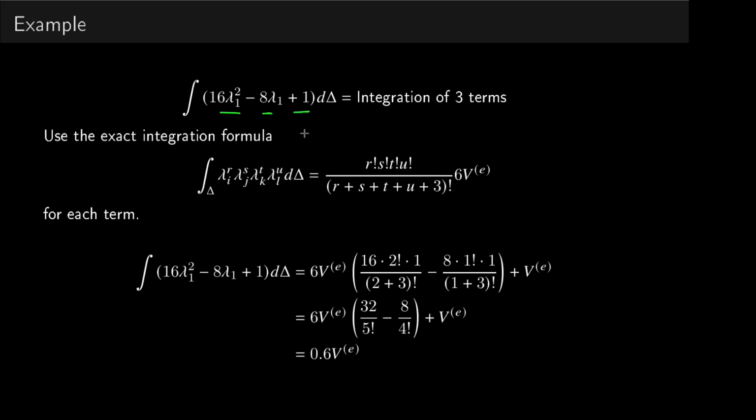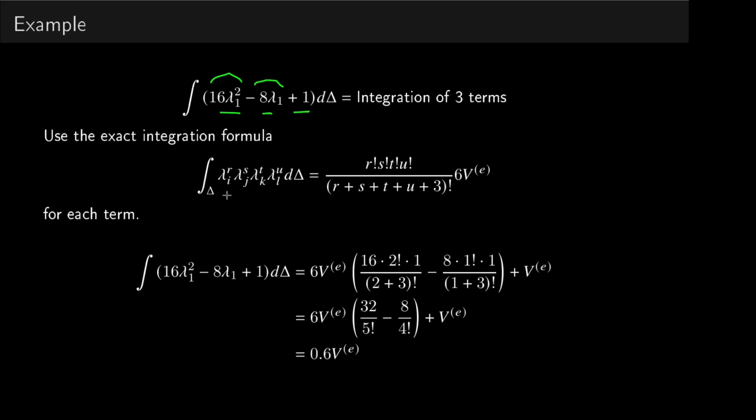As you can see here, this polynomial has 3 terms. We will integrate each of the terms with lambda 1, that is the first 2 terms here separately, and we will use this formula.